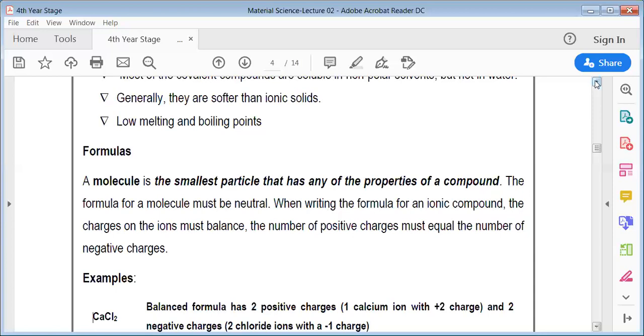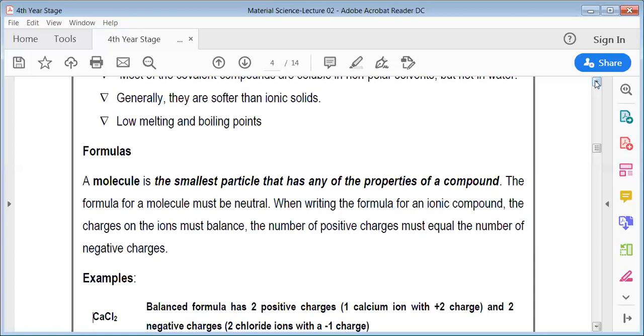When writing the formula for an ionic compound, the charge on the ions must balance. For example, sodium chloride, we don't write charge because sodium is one positive and chloride is one negative, so they cancel each other. The number of positive charges must equal the number of negative charges.